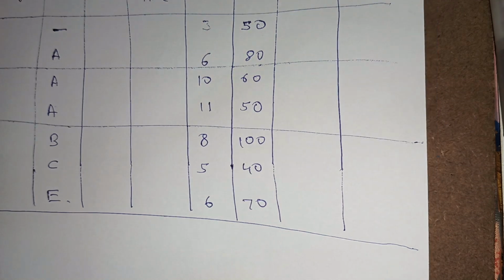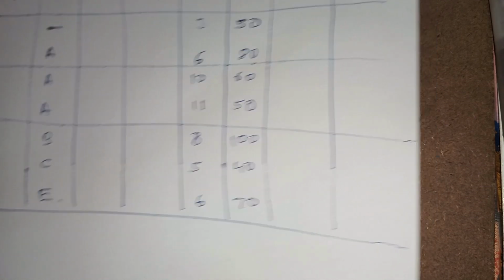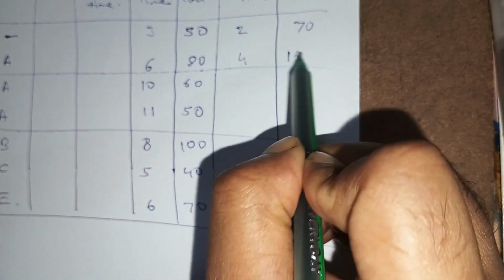Okay. Now the crash time and crash costs are 2 and 70, 4 and 160.